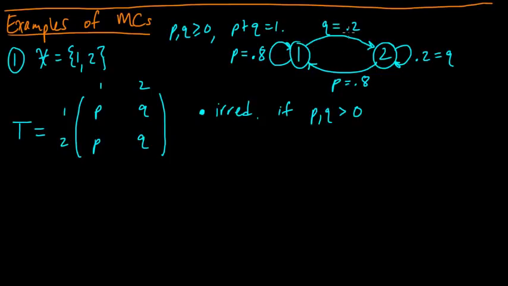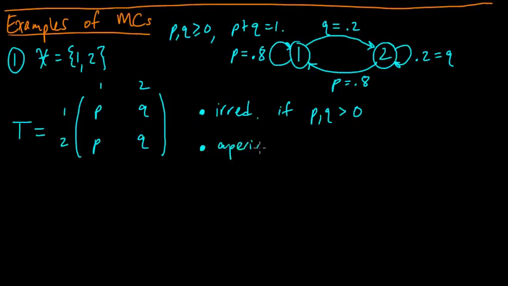If Q was 0, say, then we couldn't get from 1 to 2. We would just be stuck at 1 for infinite time. And likewise, if P was 0, we couldn't get from 2 to 1. So it's irreducible under those conditions.